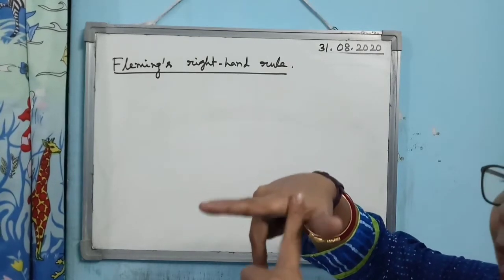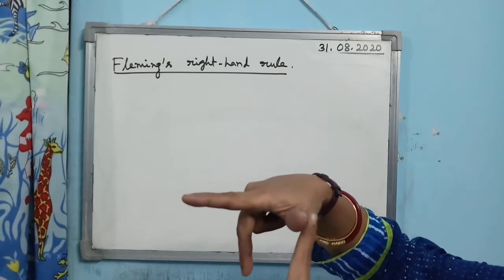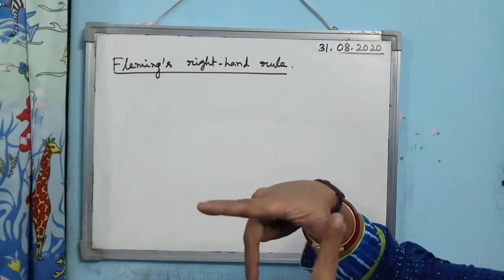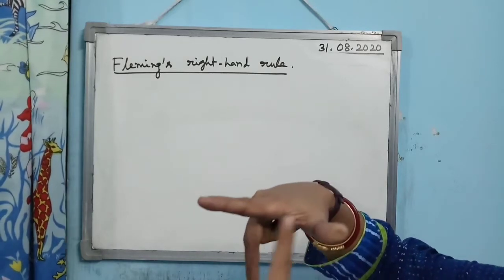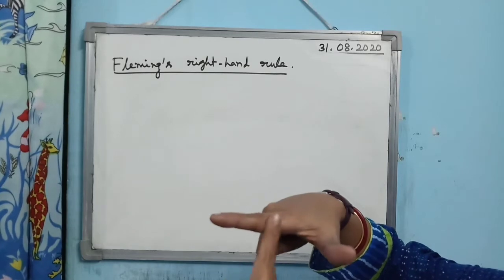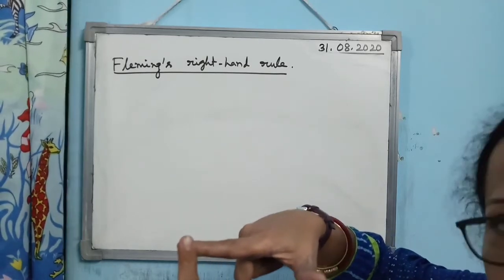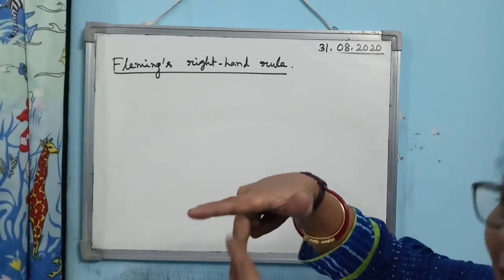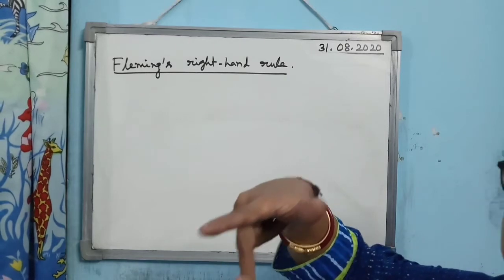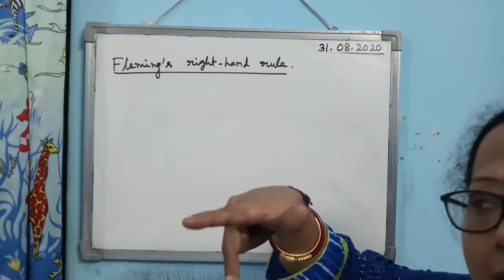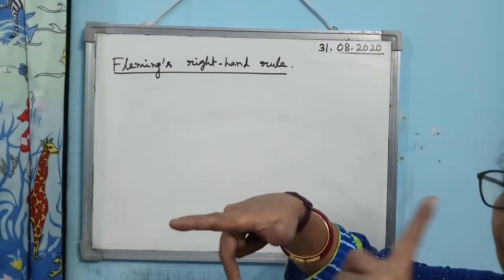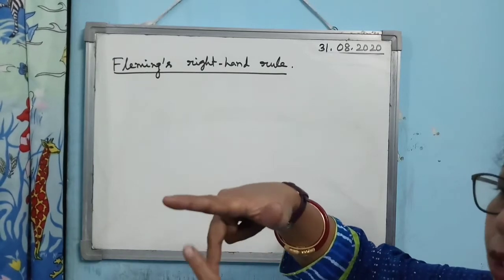The thumb gives the direction of motion of the conductor, the first finger gives the direction of the magnetic field, and the middle finger gives the direction of the induced current. Again you apply the same rule: father, mother, child.